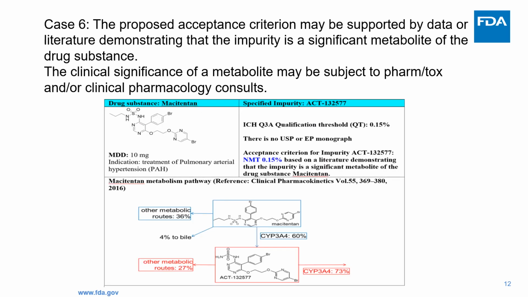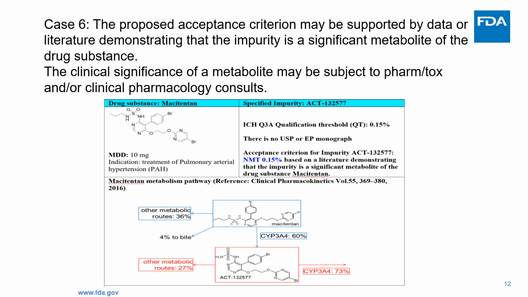Case 6. The proposed acceptance criterion may be supported by data or literature demonstrating that the impurity is a significant metabolite of the drug substance. For example, for the drug substance macitentan, it has no USP monograph or other compendial monographs. The ICH qualification threshold is 0.15% based on the MDD of 10 mg.